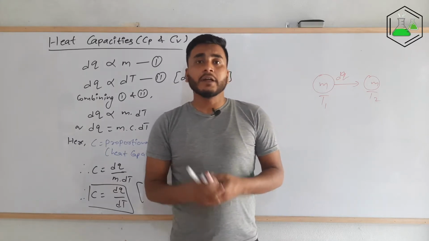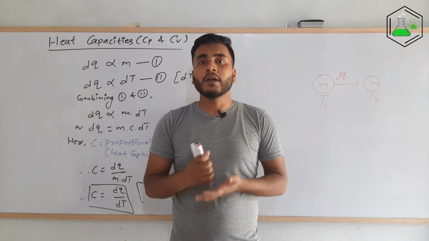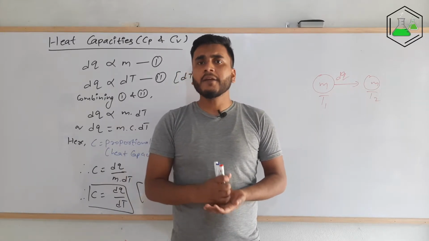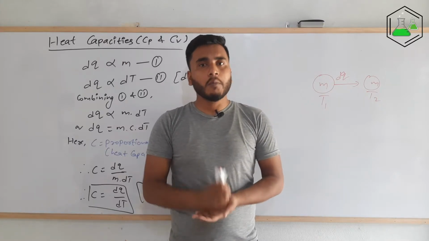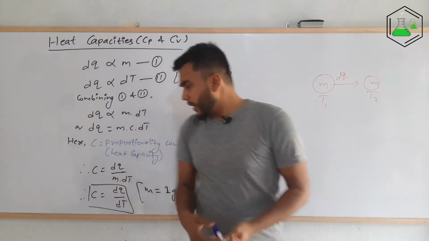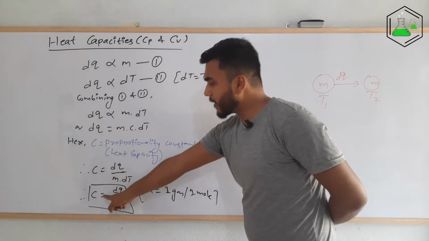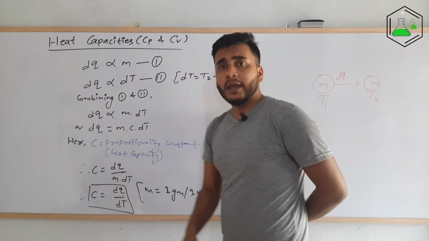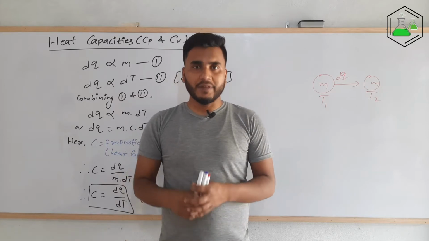That is, if the amount of substance is given in gram, then we are talking about specific heat capacity, and if the amount of substance is given in mole, then we are talking about molar heat capacity. So if we put the value of m to be 1 mole, then this equation becomes C is equal to dq by dT.